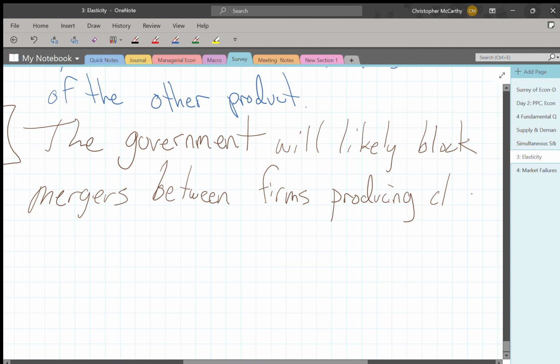Close substitutes. Very similar products.